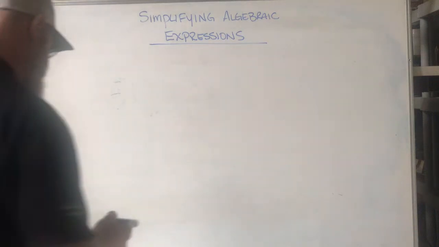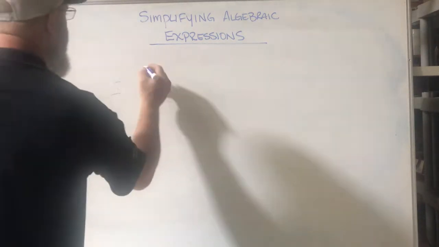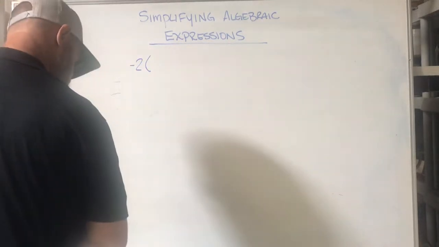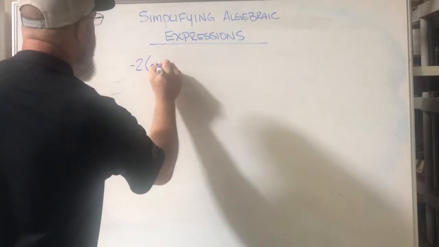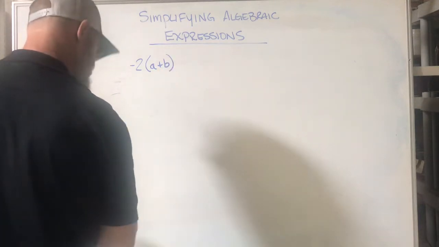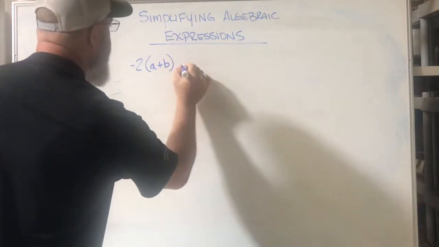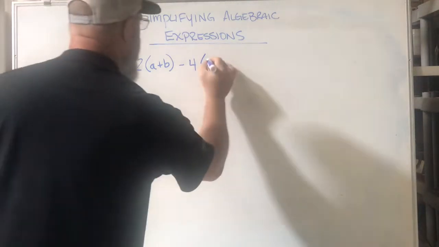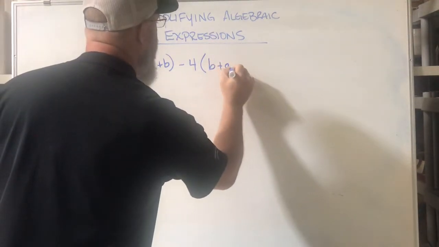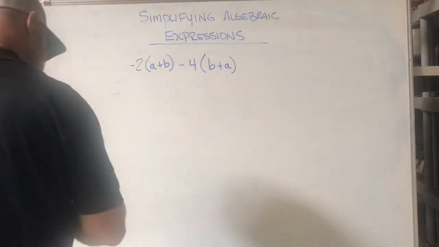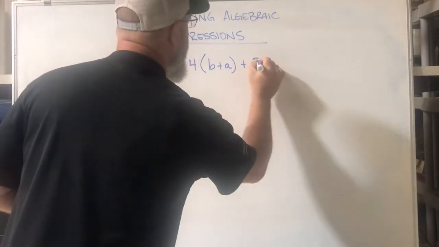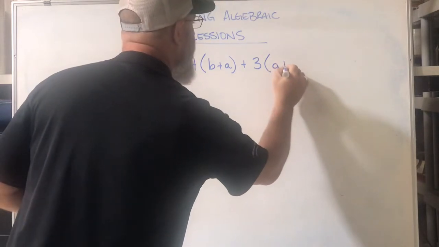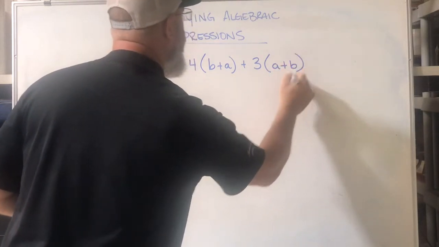So, for instance, let's say we have -2 times a plus b minus 4 times b plus a plus 3 times a plus b.